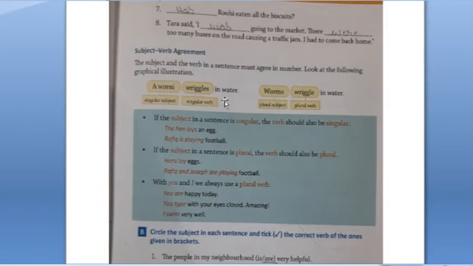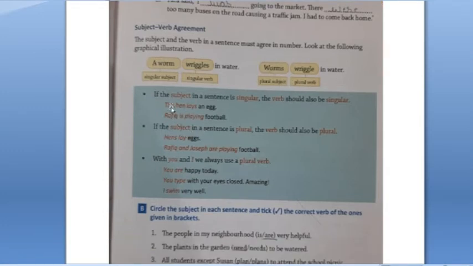A worm, where we use a, means this is a singular subject. So we use a singular verb with a singular subject, and worms means plural, so we use a plural verb with plural subjects. If the subject in a sentence is singular, the verb should also be singular.